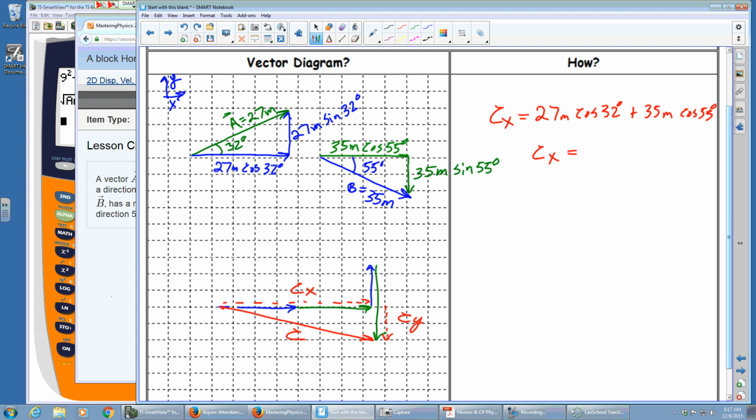I can figure out my value for CX. Then I can figure out my value for CY. That's going to be positive 27 meters sine 32 degrees minus, because it points downwards, 35 meters sine 55 degrees. And I'm expecting a negative answer with CY. I'm expecting it ends up pointing downwards.